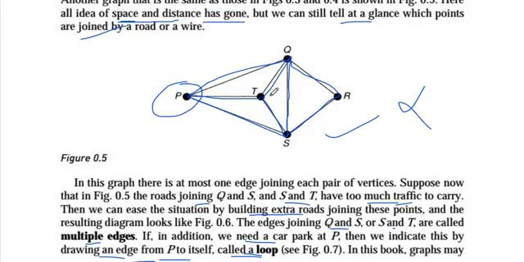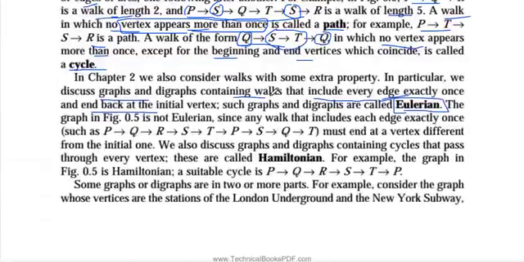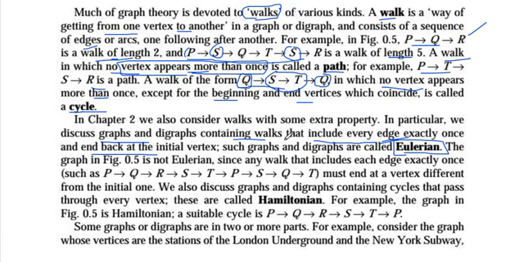So this is not an Euler graph. You can get the idea of the definition of an Euler graph: we have to include every edge exactly once and end back at the initial vertex. Our previous graph is not Euler because it started at P and ended at T, a different vertex from the initial one.